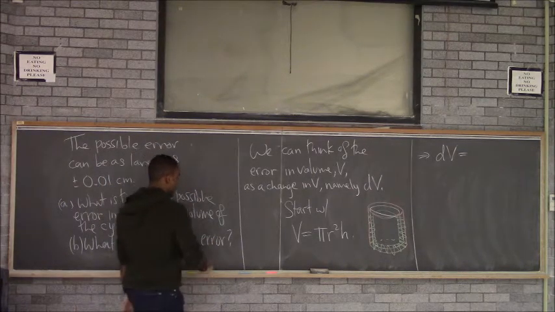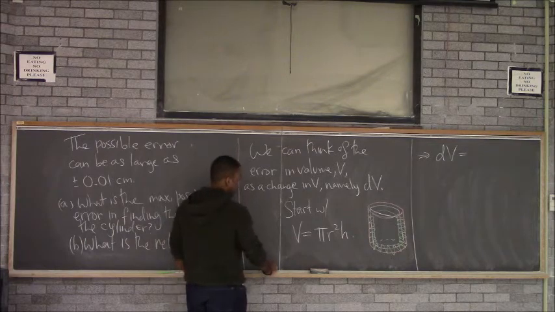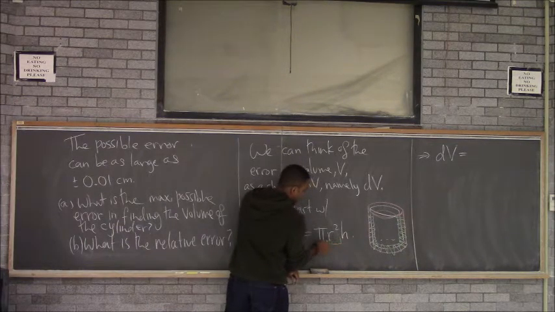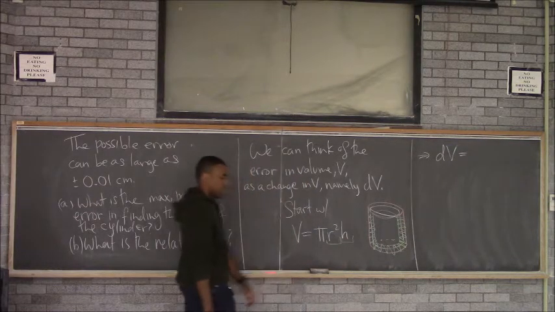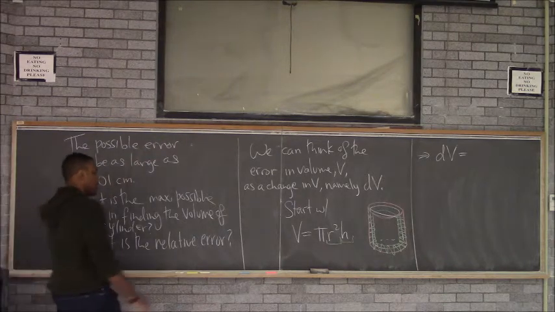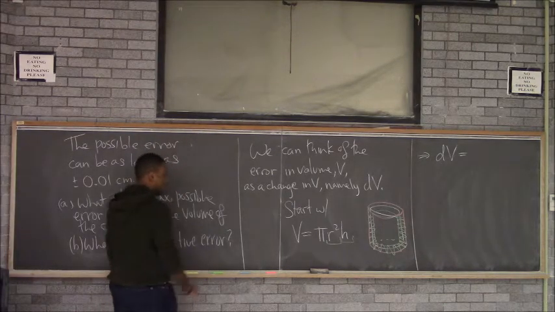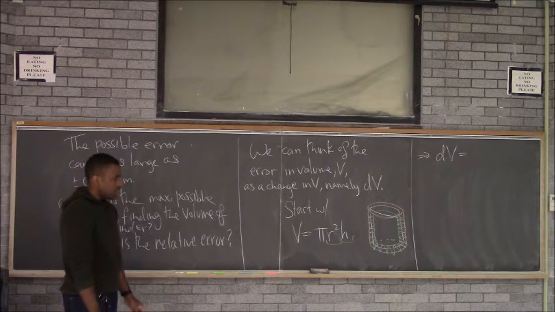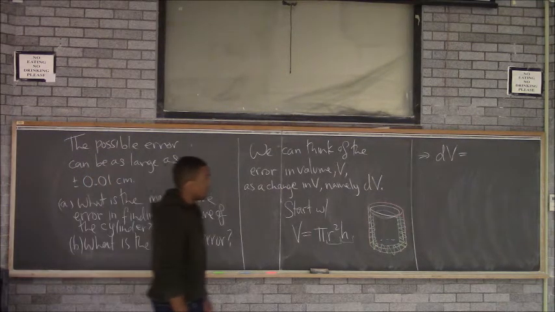However, just like with related rates, we actually have two functions here. There's the radius that's doing its thing, and then there's also the height that's doing its thing, which means there should be some sort of product rule happening here. And that is in fact what I'm going to do. I'm going to differentiate one at a time. I'm going to differentiate the R, leave the H, then differentiate the H, leave the R.